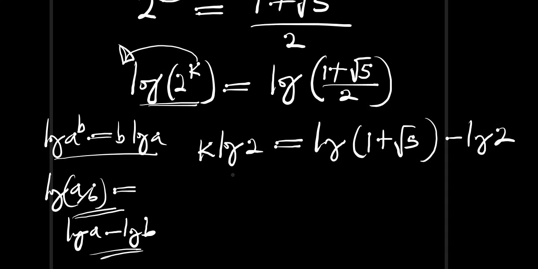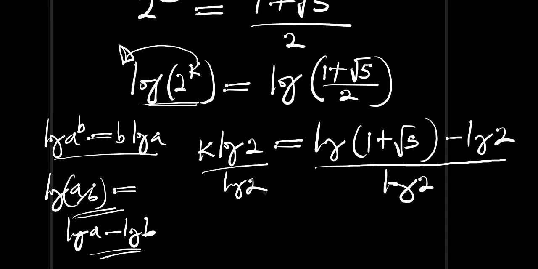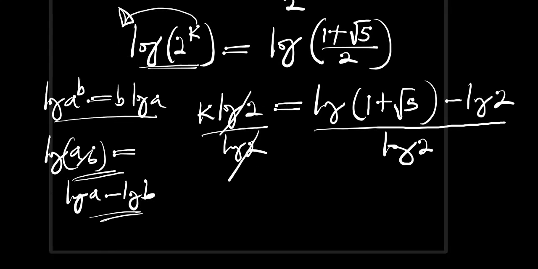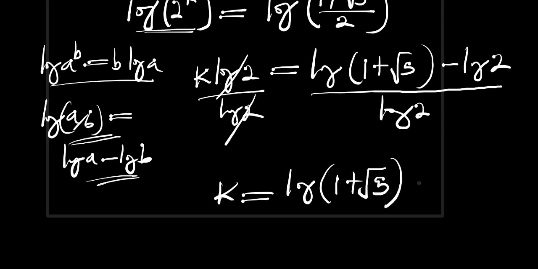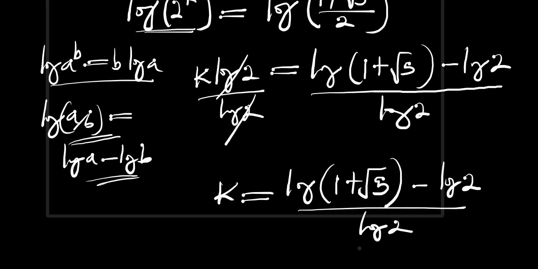So since we are solving for k, we divide this by log of 2, and we divide the whole of this by log of 2. So because of that, log of 2 here will cancel log of 2 here, and we are going to have k equals log of 1 plus root of 5 minus log of 2, then divided by log of 2.